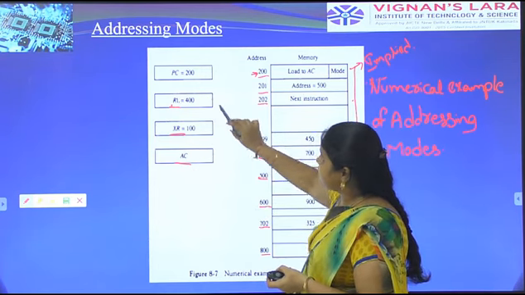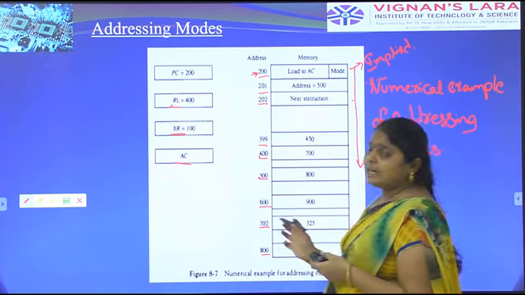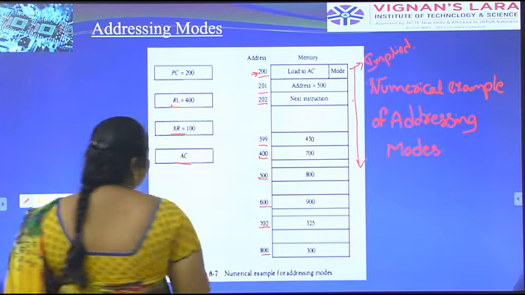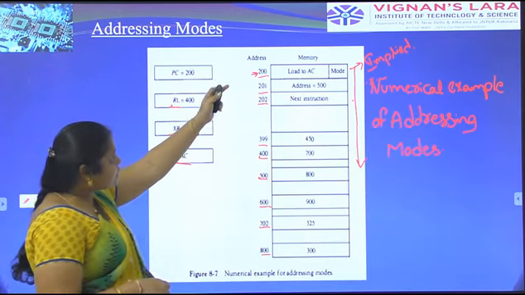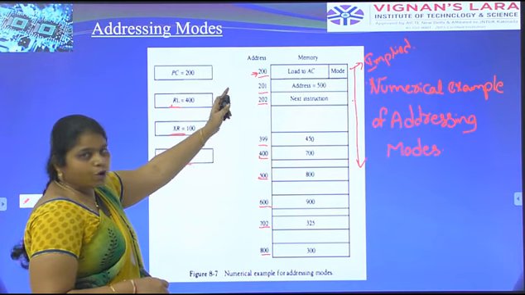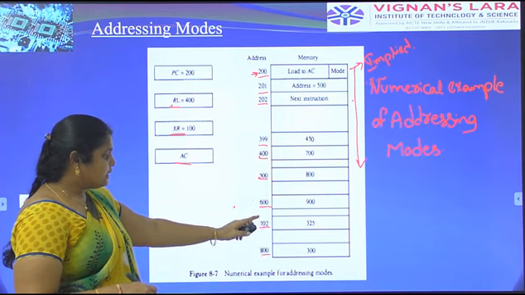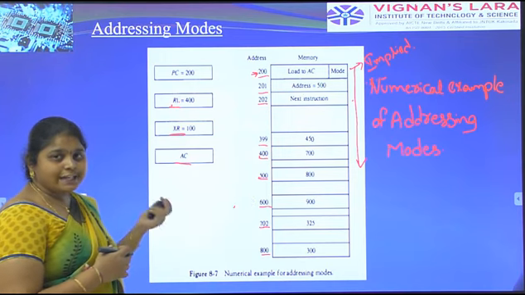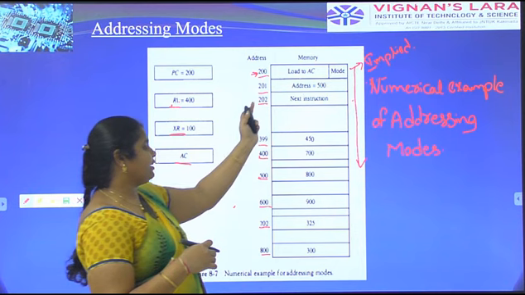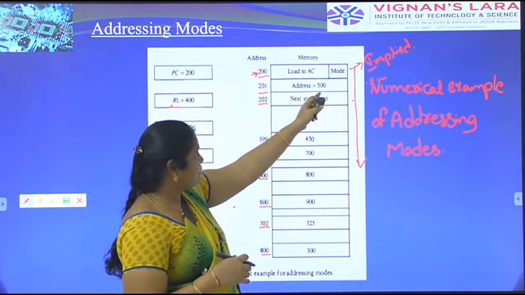Likewise, we have to perform the calculations on these numerical addressing modes. These are the addresses 200, 201, 202, 399, 400, 500 and 600. These are the addresses of the memory. In that address of the memory there are the instructions to be done.